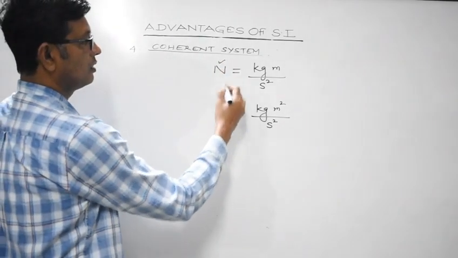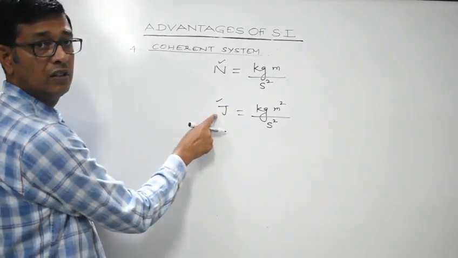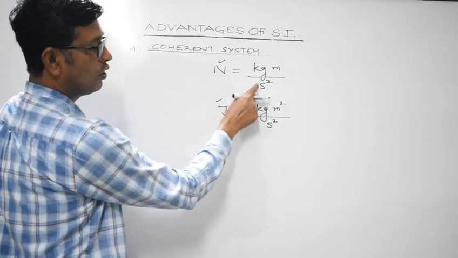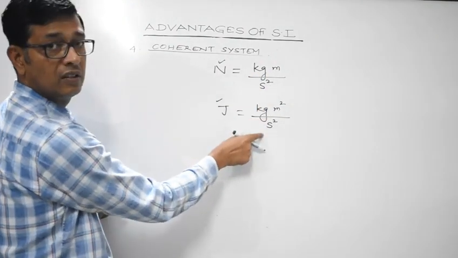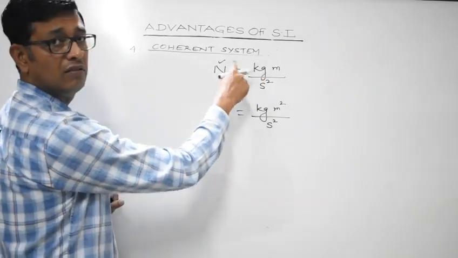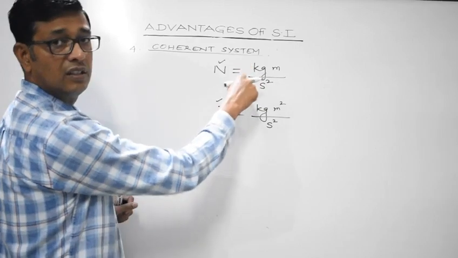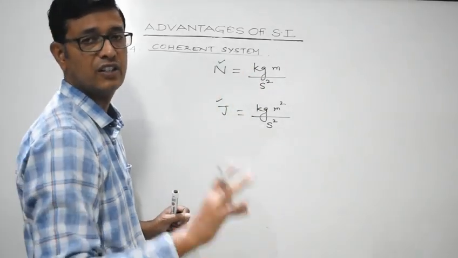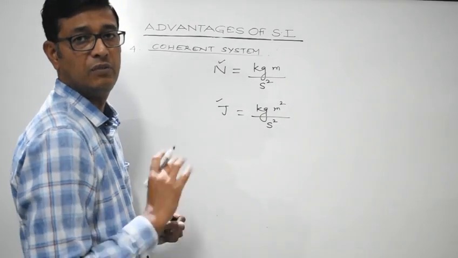So this is the derived unit, which is obtained by either multiplication or division of the basic units without introducing any numerical factor. Here I am not introducing any factor like half, 3, 7, 8 by 9. I am not introducing any numerical factor, any fraction, any number.